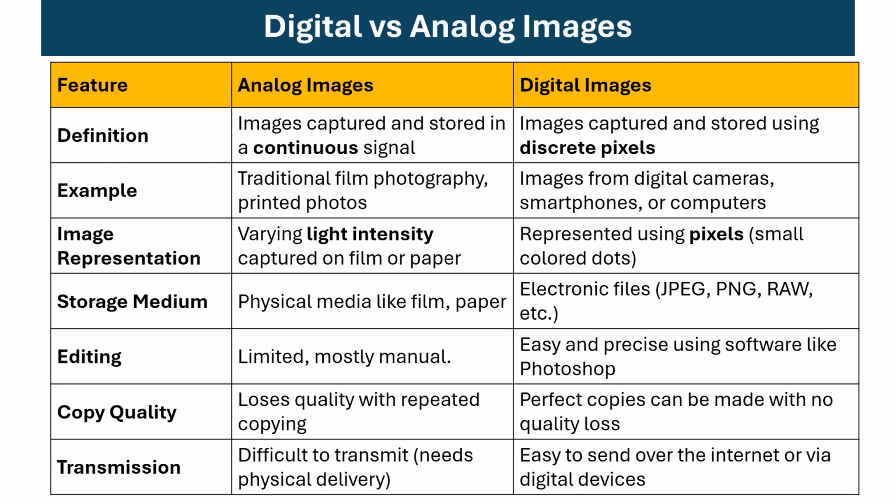Transmission: it's very difficult to transmit or distribute analog images, but it's very easy to distribute or transmit digital images, because you can transfer them electronically through emails, internet, social media, etc.